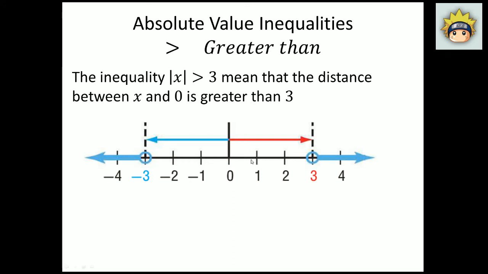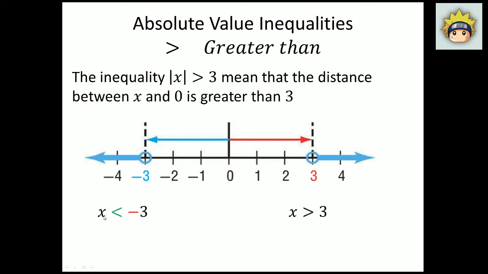Anything to the right past 3 is greater than 3: 4, 5, 6. What about down here? Negative 4, negative 5, negative 6, and so on will have a greater distance to 0. It's greater than 3. So, what does this remind you of?